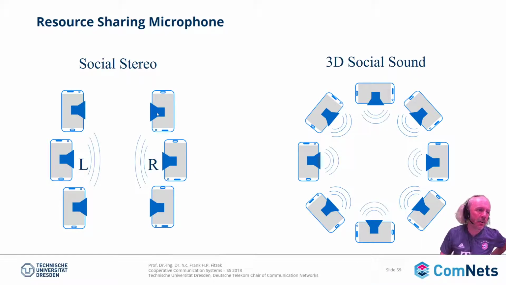You can even use the loudspeakers. This is more loudspeakers, still with the microphone on top of here, where you can use social stereo or 3D social sound, where you place the mobile phones around you and play one song with multiple devices. This we have already demonstrated.